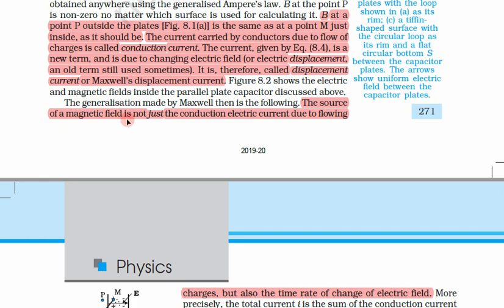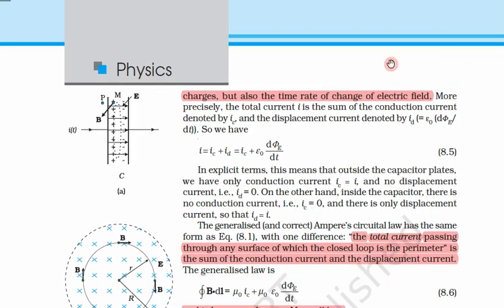The source of magnetic field is not just the electric current or conduction current. So this is very important. So the source of a magnetic field is not just the conduction electric current due to flowing charges. So it is not only IC but ID as well.